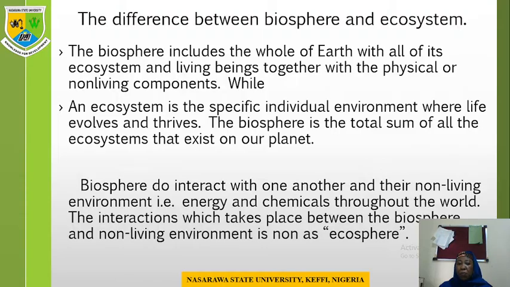But an ecosystem is talking about an individual environment where life evolves and thrives, like an aquatic habitat with aquatic organisms, a terrestrial habitat with land organisms, and also in the atmosphere, that is in the air, we have some organisms that are living, because in the atmosphere, bacteria and microorganisms can be going around, and also spores of fungi can be living in the atmosphere.